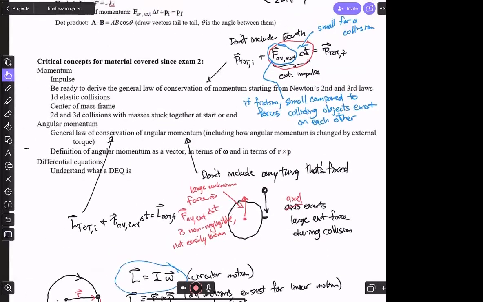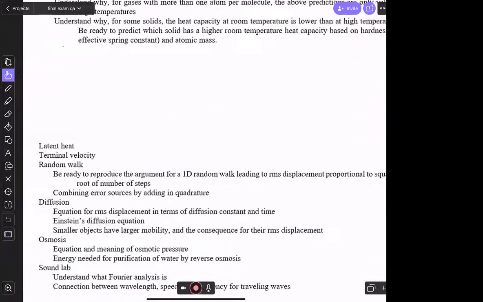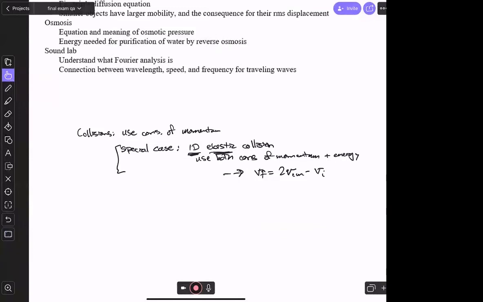Could you talk more about the equation that you just said, like V_f equals 2 V_CM minus V initial? Sure. So again, that's only for one-dimensional collisions.